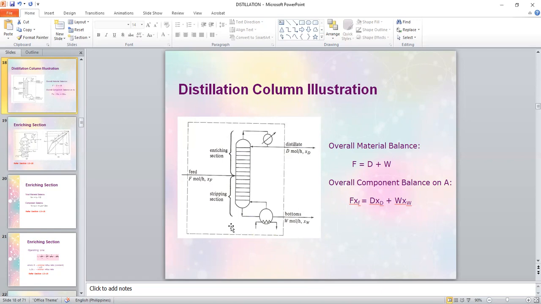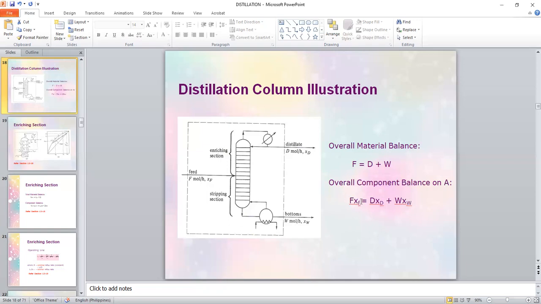When we do our overall material balance for distillation columns, the feed is equated to the distillate, which is the capital letter D, and the bottoms liquid. So the sum of these two should be equal to the feed. When we do the overall component balance, let's say for the more volatile component of the two in our two-component system, we just base it on the overall material balance, and all these streams we just multiply by the mole fraction of A in each of these streams.